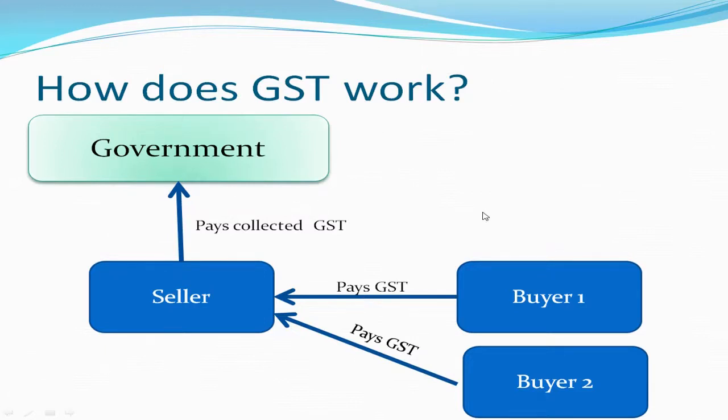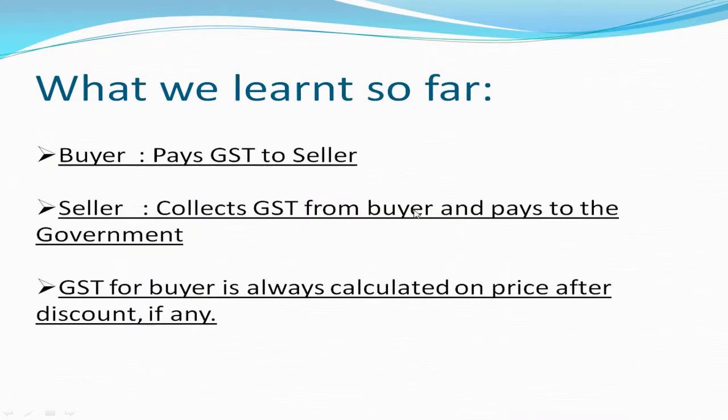right? Now let's see what we have learned so far. Buyer pays GST to seller, right? Seller collects GST from buyer and pays to the government, respective government. Now, GST for buyer is always calculated on price after discount, if any.